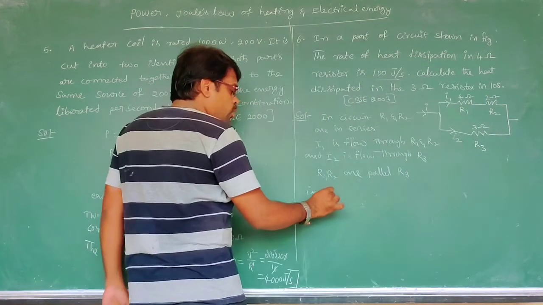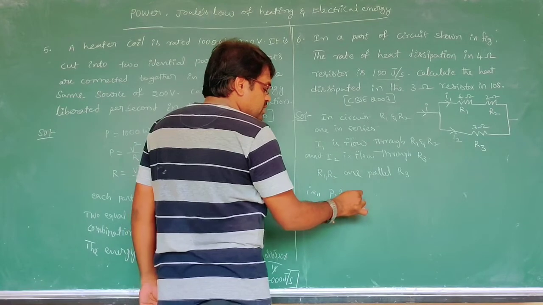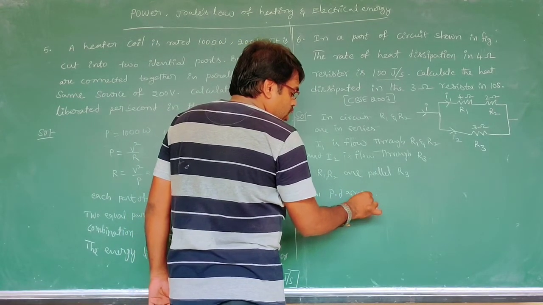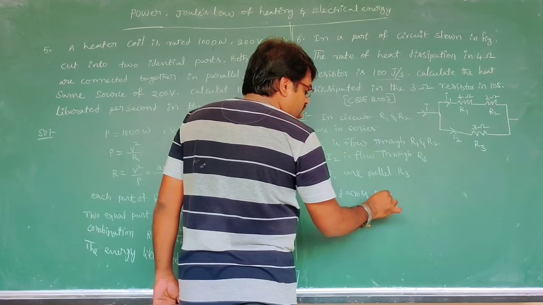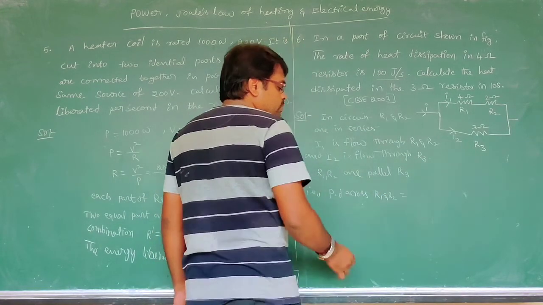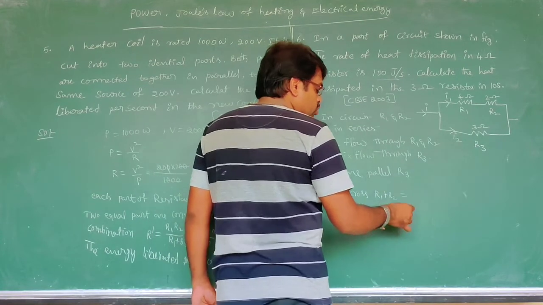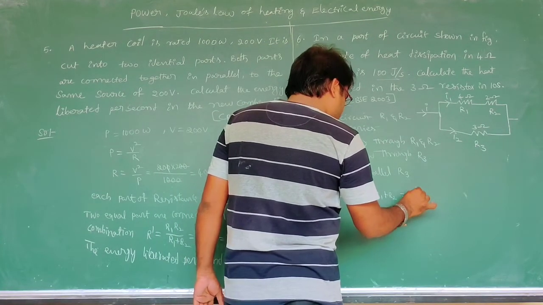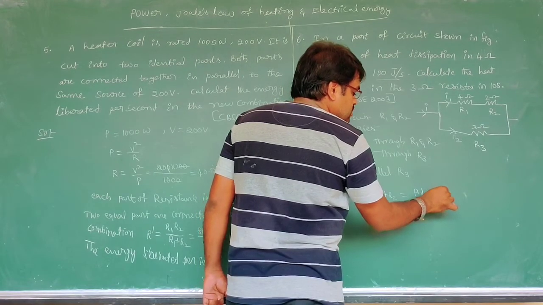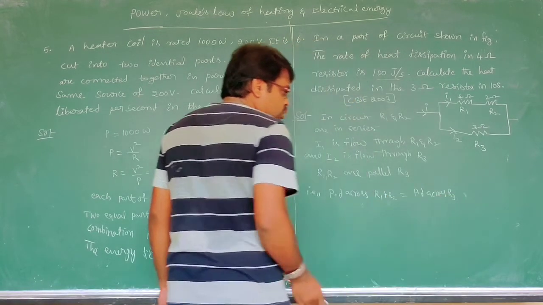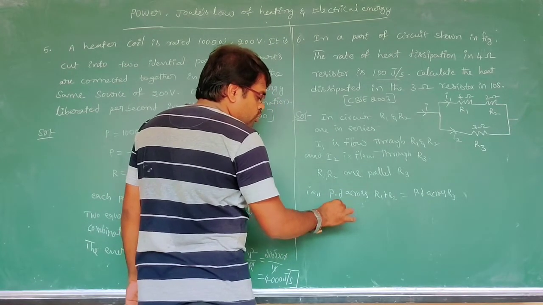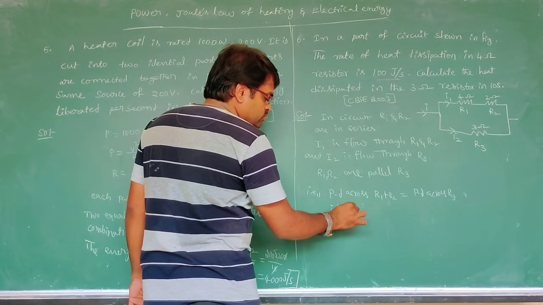That is, the potential difference across R1 plus R2 is equal to the potential difference across R3. So the potential difference is I into V, R1 plus R2.